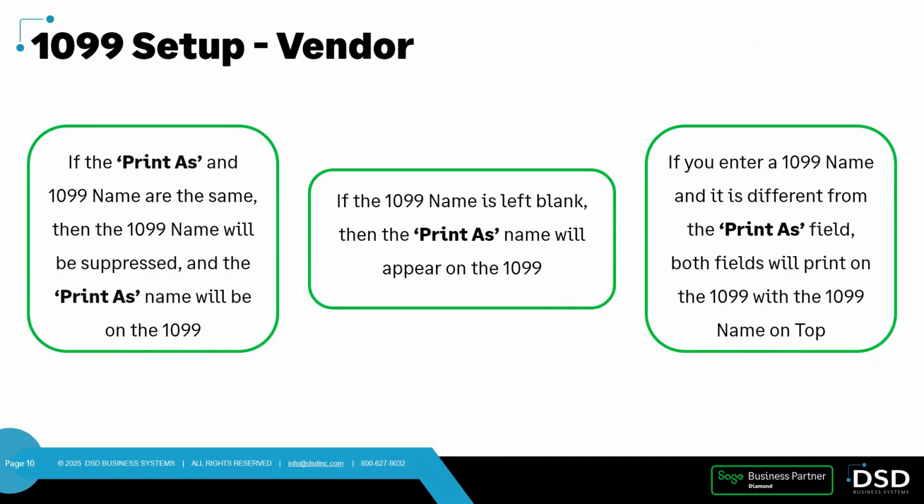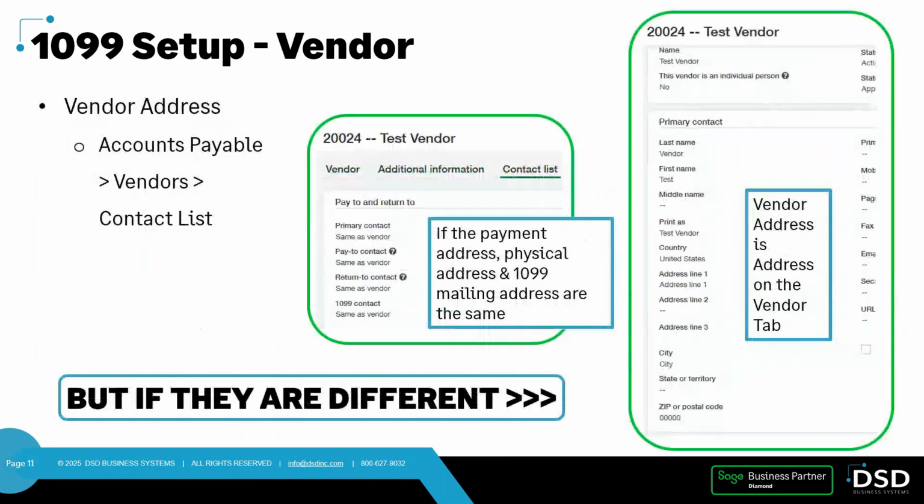This is used in the instance that maybe you have a landscaping company and they have you write out checks to ABC Landscaping. So that's their print as name, but their 1099 information is actually John Doe, the owner of that, maybe that kind of situation. Then both of those names will print on that 1099 form.